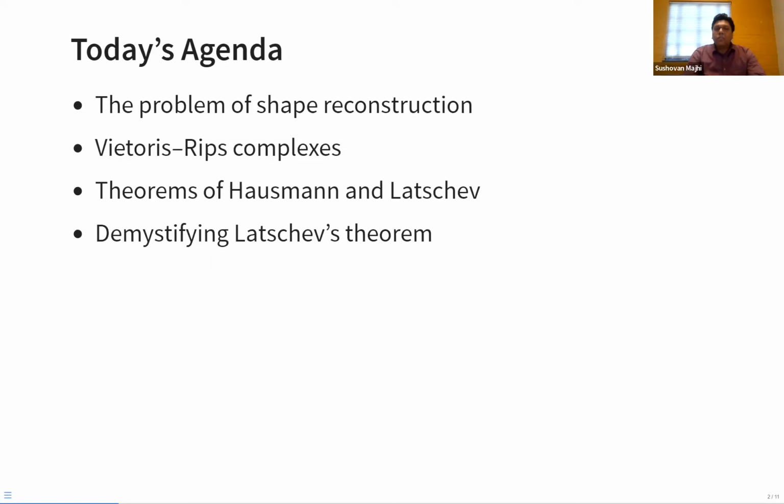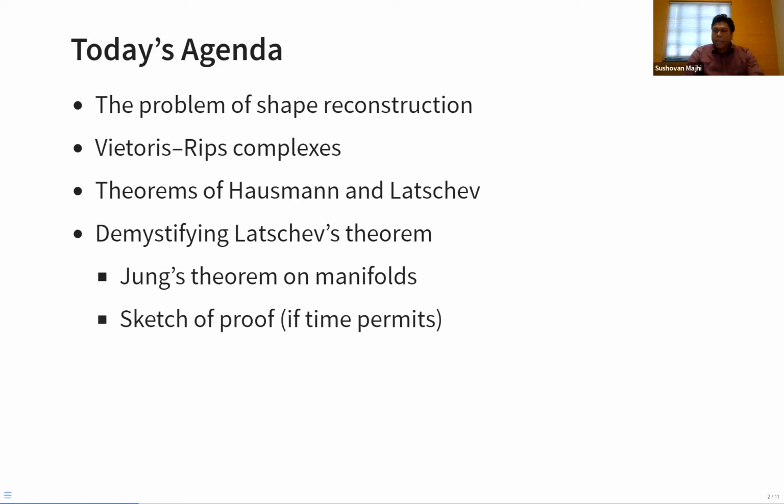And then finally, we'll try to demystify Latschevs theorem a bit, especially using Young's theorem on manifolds. This is something that could be of general interest. And then if we have time, we can go over the sketch of the proof. Finally, we'll take questions.